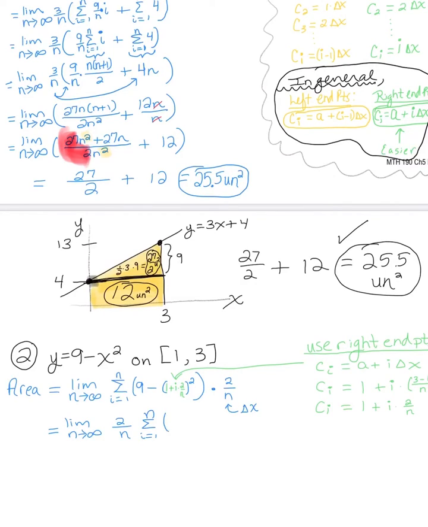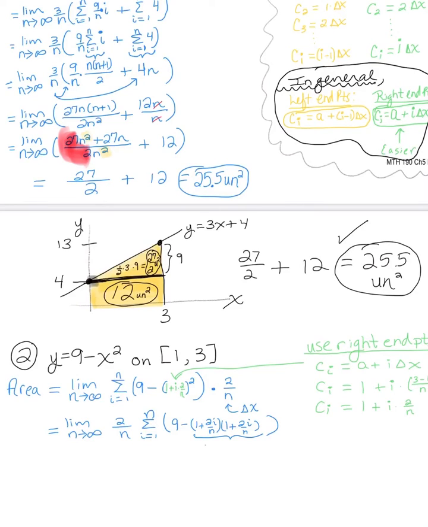And so now we need to start to think about multiplying out this 1 plus 2 over n times i. So 1 plus 2i over n. So we're going to have to multiply that out. So let's go ahead and do that here.